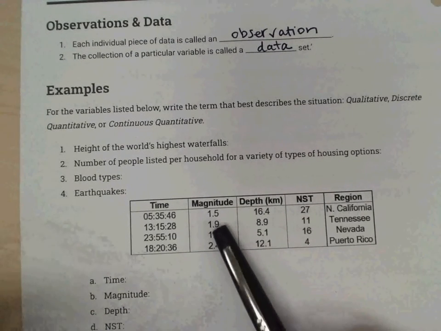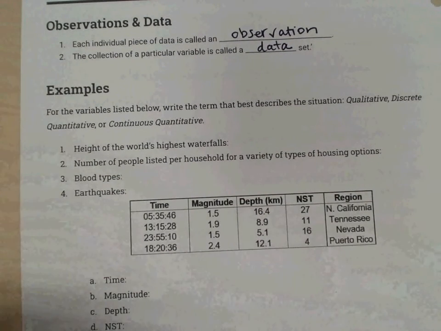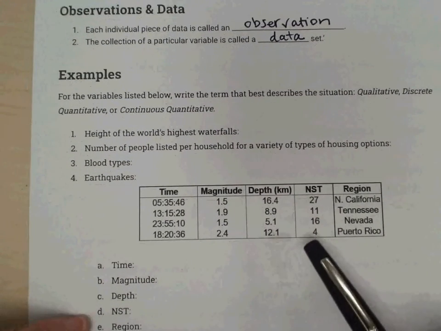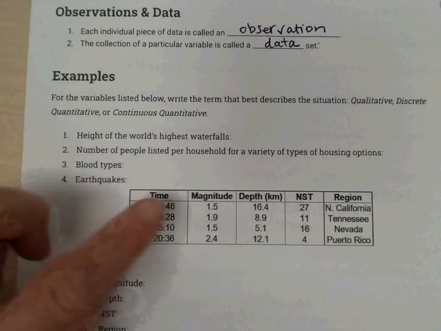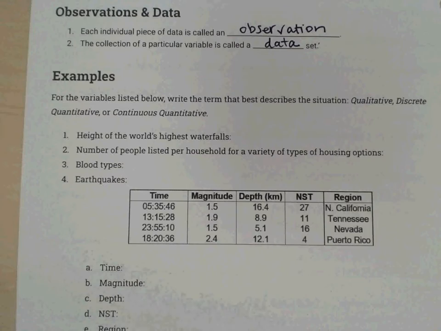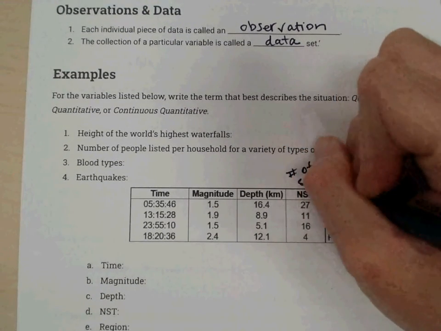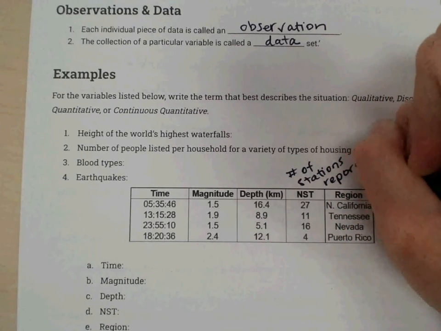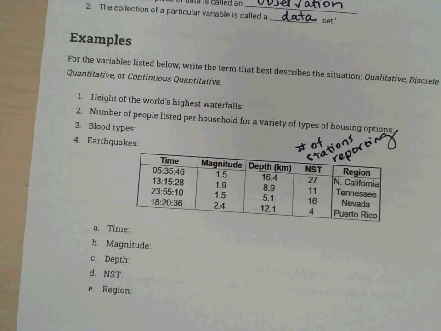Magnitude, so if you have heard of the Richter scale, it's just basically the impact of that earthquake. Depth is pretty self-explanatory. NST is the number of stations reporting, so the number of stations that reported that Richter scale magnitude. And lastly is the region where those earthquakes occurred.